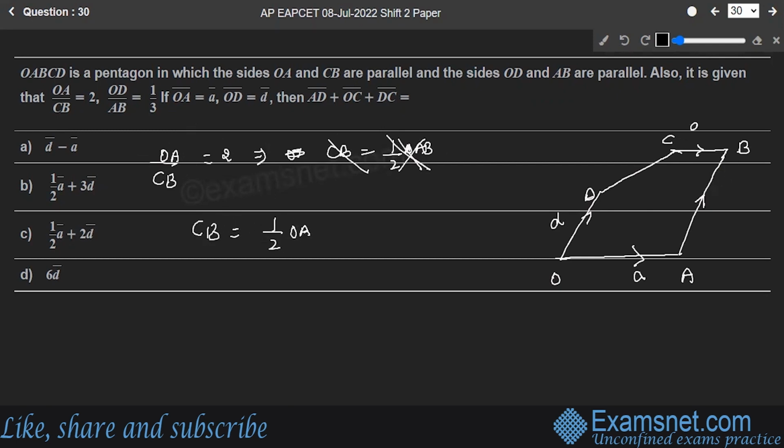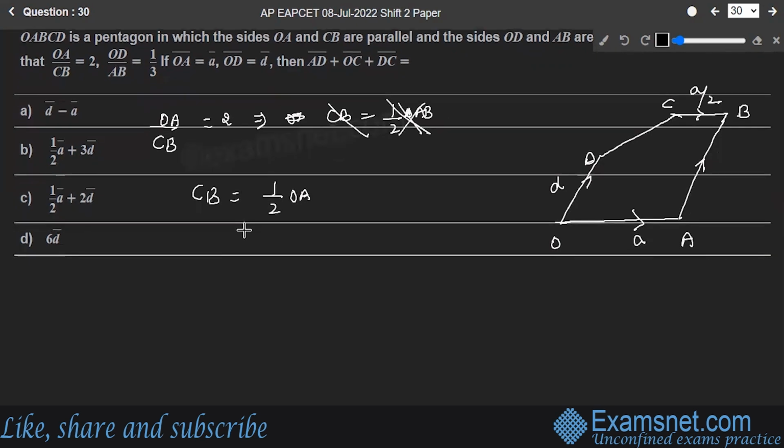That means this is equal to A by 2. Next, you are given that OD upon AB is equal to 1 by 3. OD, if I'm taking as D, then what will be AB? If I'm taking this as D, AB will be equal to 3D.